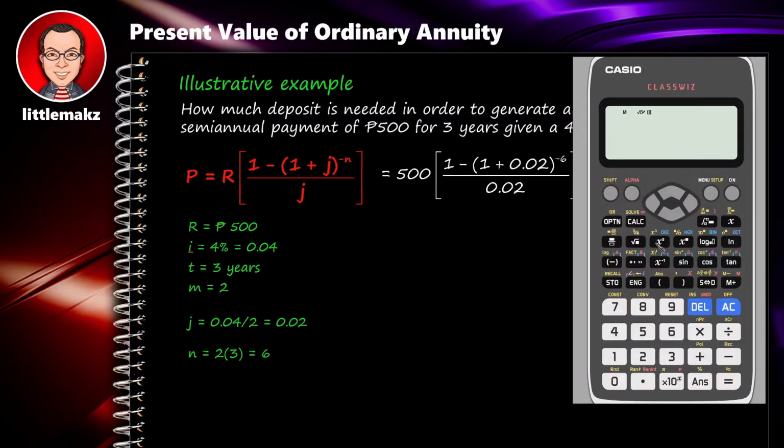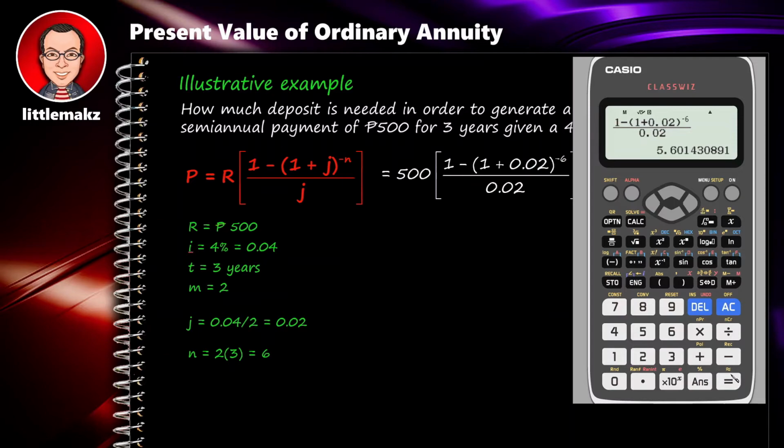Okay, calculating our multiplier. Calculating our second factor, we have 1 minus the quantity 1 plus 0.02. Then our exponent is negative 6. Then we divide this with 0.02.